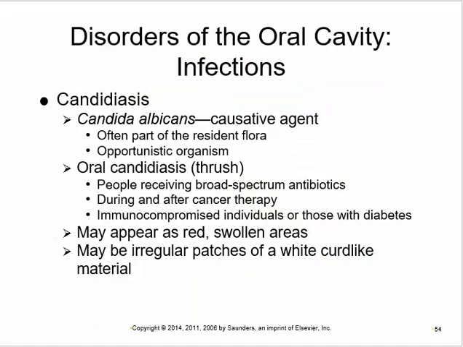Another common thing is thrush, candidiasis. So this is Candida albicans. Usually there's a little bit in the mouth, but you can get an opportunistic infection of it, and we call it thrush.